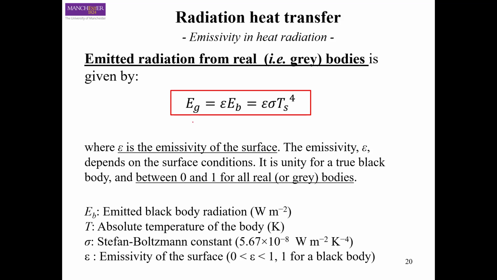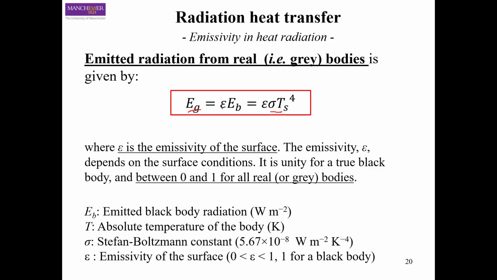We said that for a black body, the energy emitted, EB, is equal to sigma times T raised to the power 4, while for a gray body, the energy EG would be equal to epsilon times EB, and this epsilon is the fraction of the energy that is going to be emitted by the gray body compared to the black body.